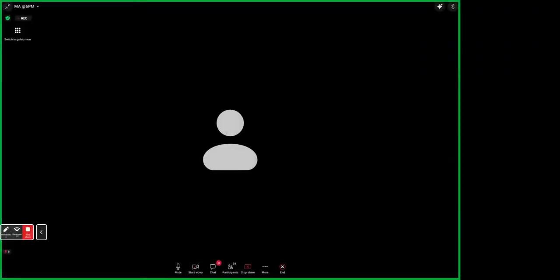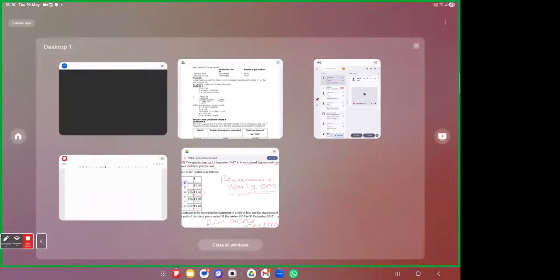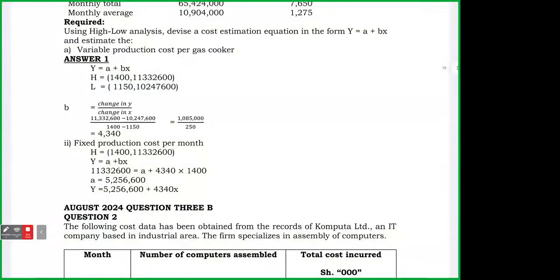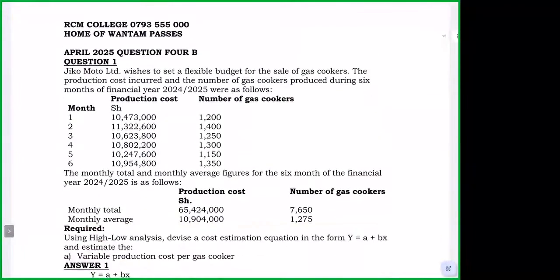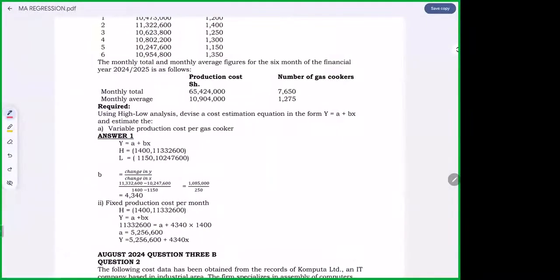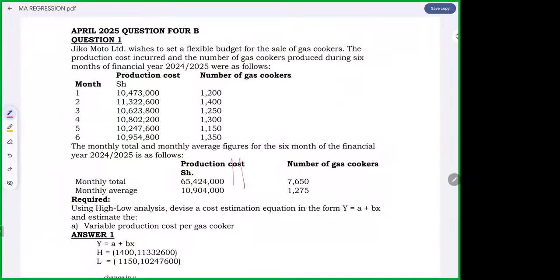All right, I'm sharing the entire screen here. We come back here, and I get the paper that I'll be using today. I want to do this question that was tested in April 2025, question number 4B.